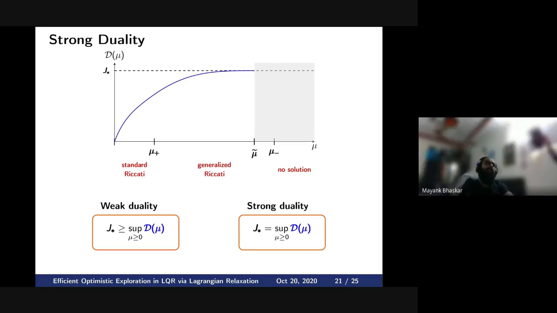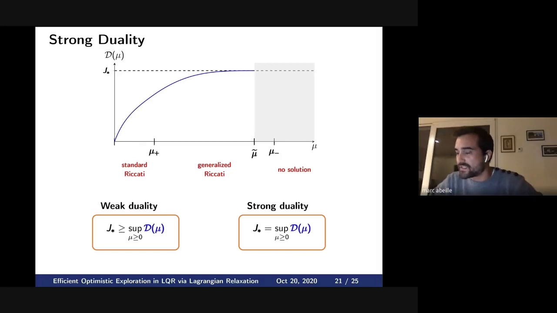Okay, cool. And we use Lyapunov's equation here? Yeah, for all the quantities involved in this dichotomy search. The dual function is computed by Riccati. Its gradient is computed by Lyapunov, thanks to the solution of the Riccati. The Hessian is computed by Lyapunov.